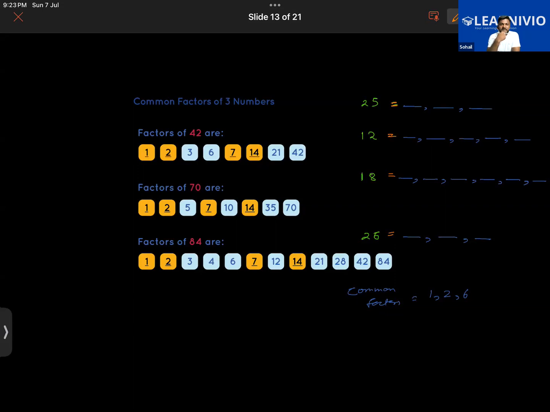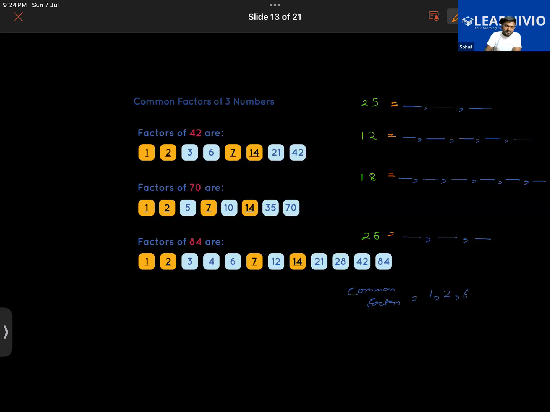Is 6 a factor of 25? Yes, Sumaya. For me, I guess I don't understand, but it is showing only one common factor of all. Only one you are getting, no? Yes. Exactly. That is correct actually.